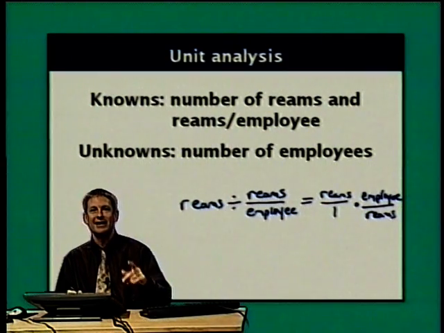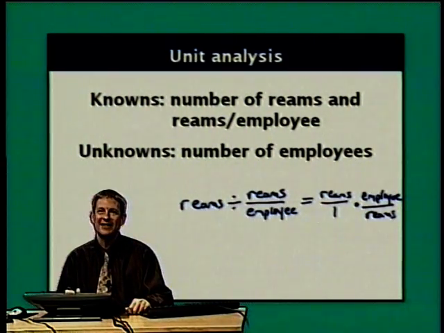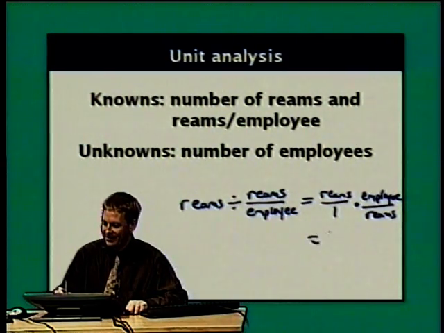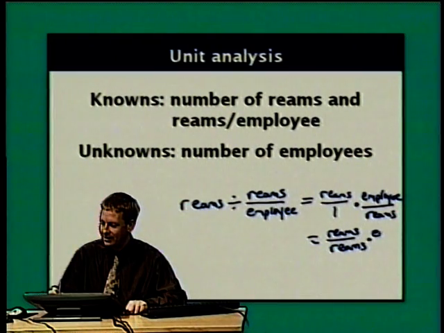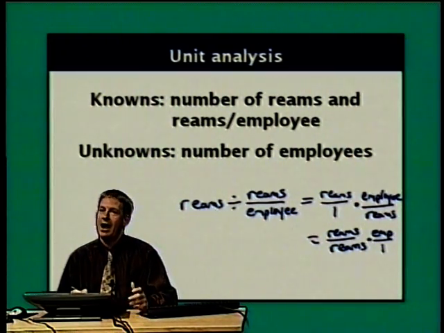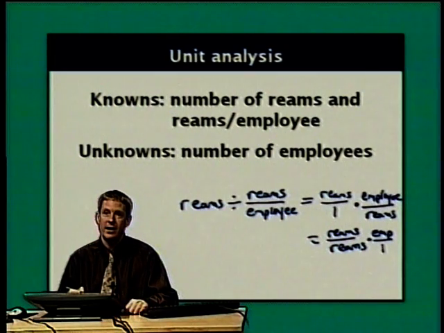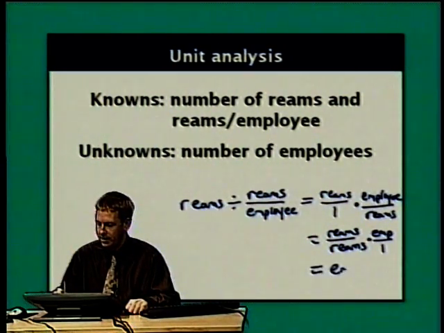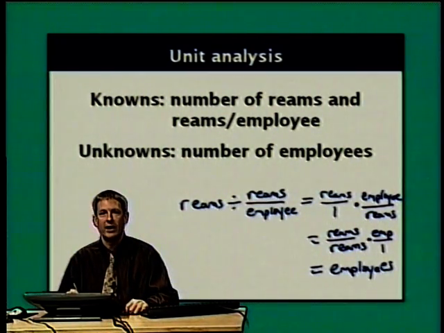And by golly, there's a common factor of reams in the numerator and denominator, so I could rewrite this as reams over reams times employees over 1. And even though reams isn't a number, if you take anything and divide it by itself, you end up with 1. And if you multiply 1 by the number of employees, you end up with a unit of employees.